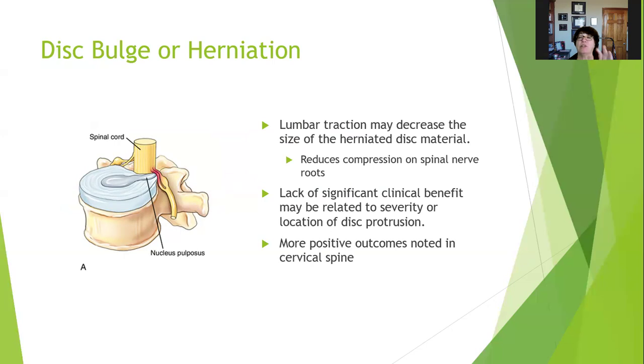Lack of significant clinical benefit from traction may be related to severity or the location of the disc protrusion. So some locations respond better to traction than others. So, cervical spine, usually you don't get the huge protrusions like you do in the lumbar spine, and so you tend to get more positive outcomes in the cervical spine.